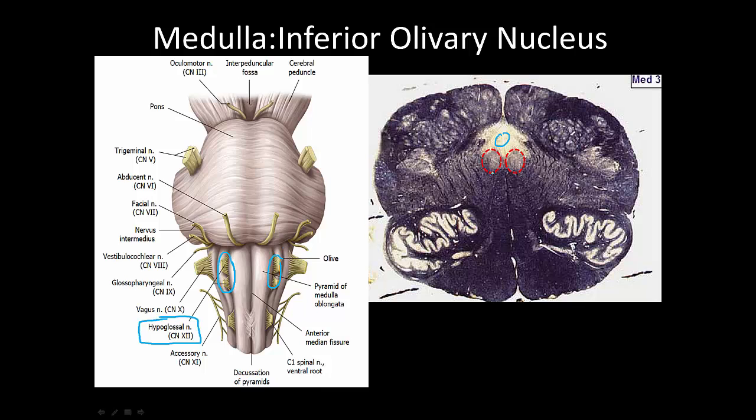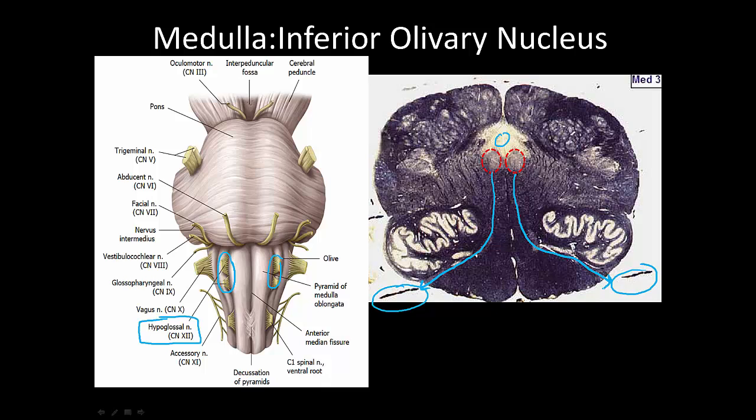So in the digital section, that means that nerve fibers are leaving that nucleus and traveling in between the pyramids and the olives. That's actually just a remnant on both sides in this section of where that hypoglossal nerve was located.